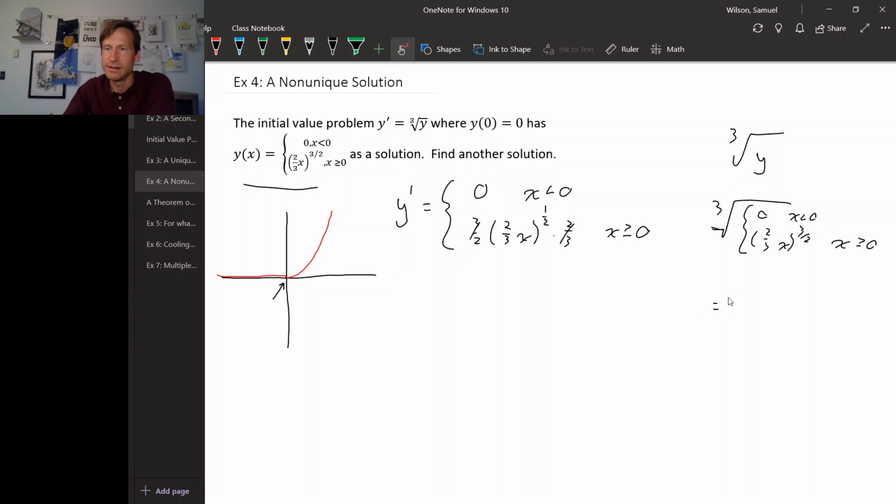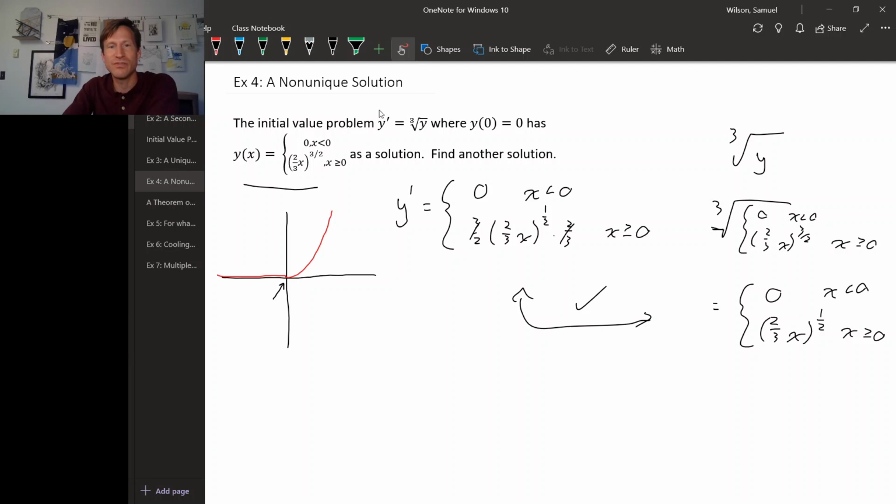And now let's do a cube root for each piece. Cube root of 0 is 0, and cube root of this second piece is (2/3 x) to the 1/2. And that's for x greater than or equal to 0. This part's for x less than 0. Now comparing these two, yes, those are the same. So this really is a solution to the differential equation.